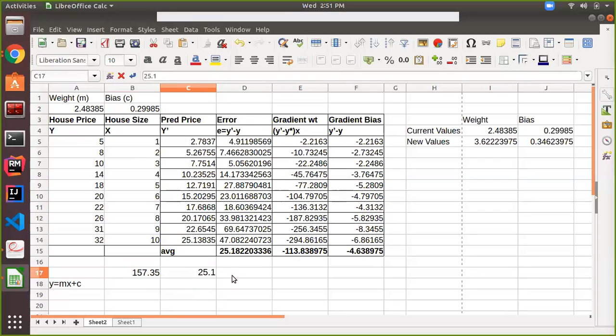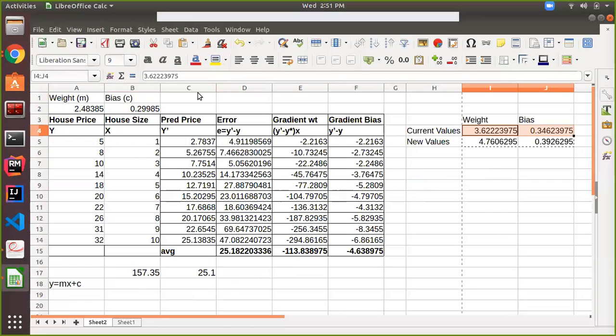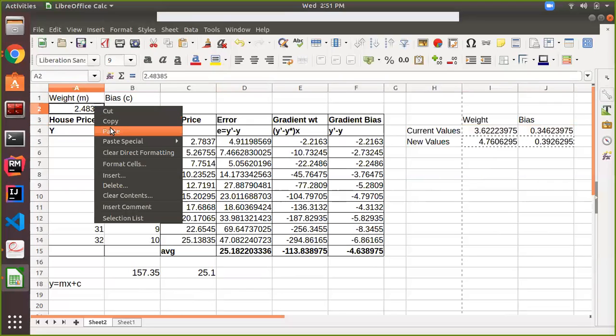25.1. Okay, now the error rate is 25.1. So you can see it reduced by more than 50%. Okay, similarly I will repeat again. I will make the new value as current value and copy these values in the formula.